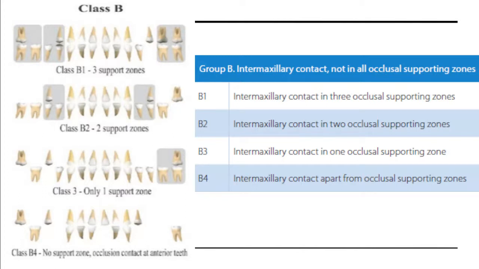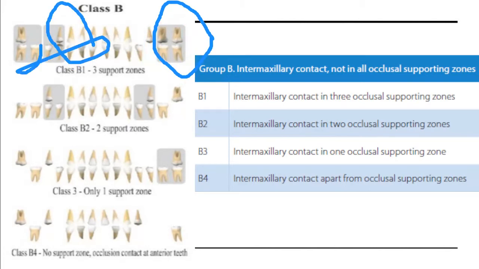If you observe this photograph carefully, the dark zones are where you have occluding surfaces. So you have 3 occlusal supporting zones, whereas in B2 you have only 2 occlusal supporting zones. This is one, and you have one more like this. And in B3 you have only 1 occlusal supporting zone.